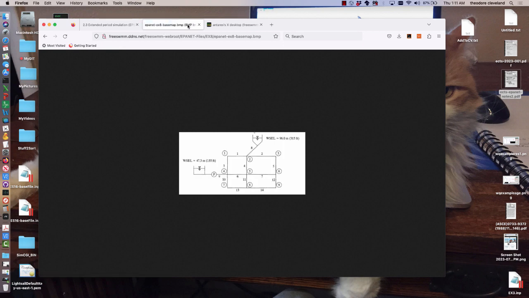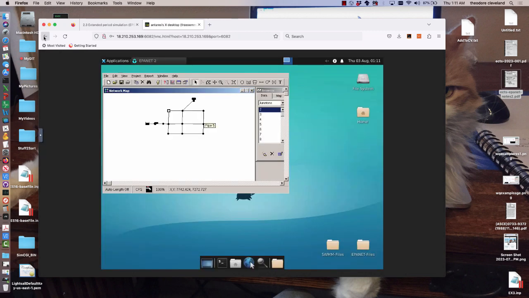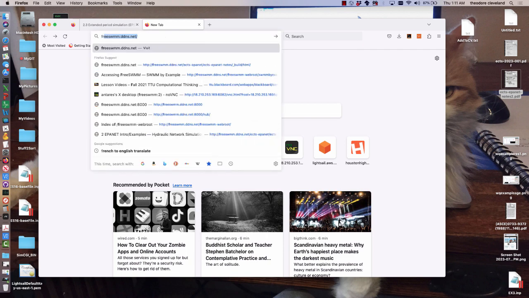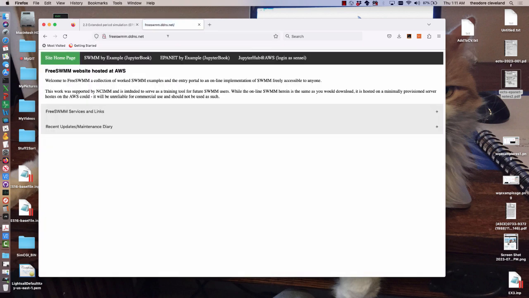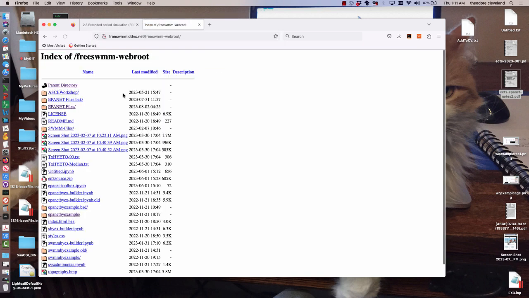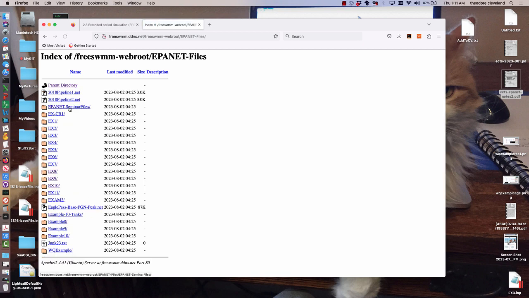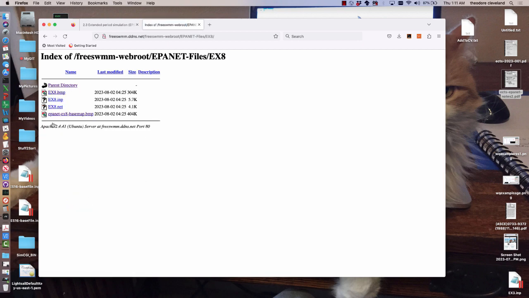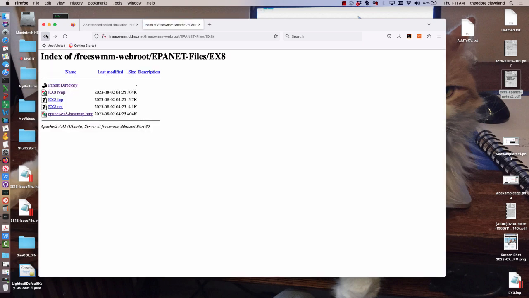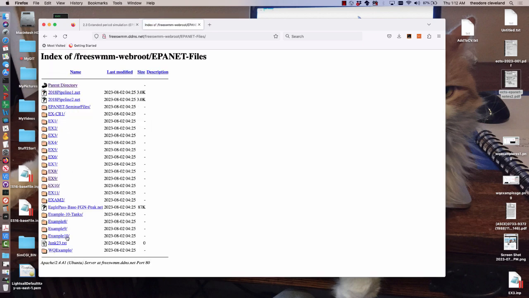Okay, that's a good start. I thought I had the example already in SI units.